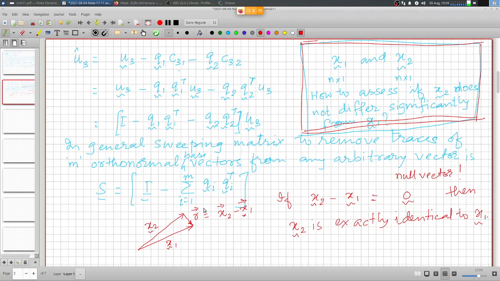So what we are trying to do here is, the closeness between two vectors can be ascertained if the magnitude of R is close to 0.